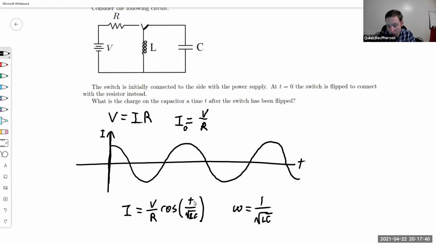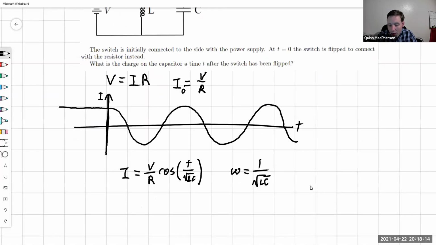Okay, so that's the current as a function of time. We get the frequency from the fact that it's an LC circuit. We know it's oscillating, so either sine or cosine. We know it's a cosine in particular because it has to start with high current. We know the initial current, I naught, because we worked it out from V equals IR before the switch flipped. If you look at the current before this, it goes back flat like that. So if you wanted the current through the inductor as a function of time, it would do that.